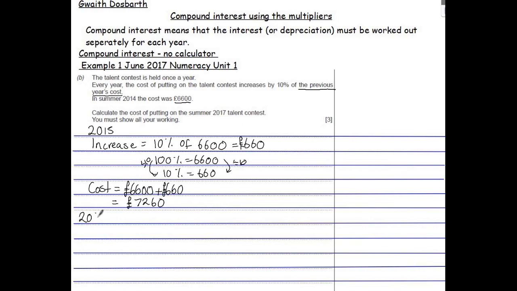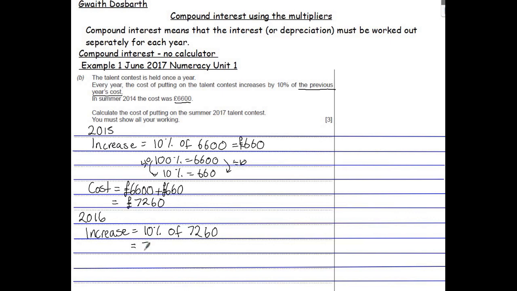Okay, so then let's look at 2016. Your increase, again we need to find 10% of the previous year. So the amount in the previous year was 7,260, that's the amount here. How do we find 10% of a number?